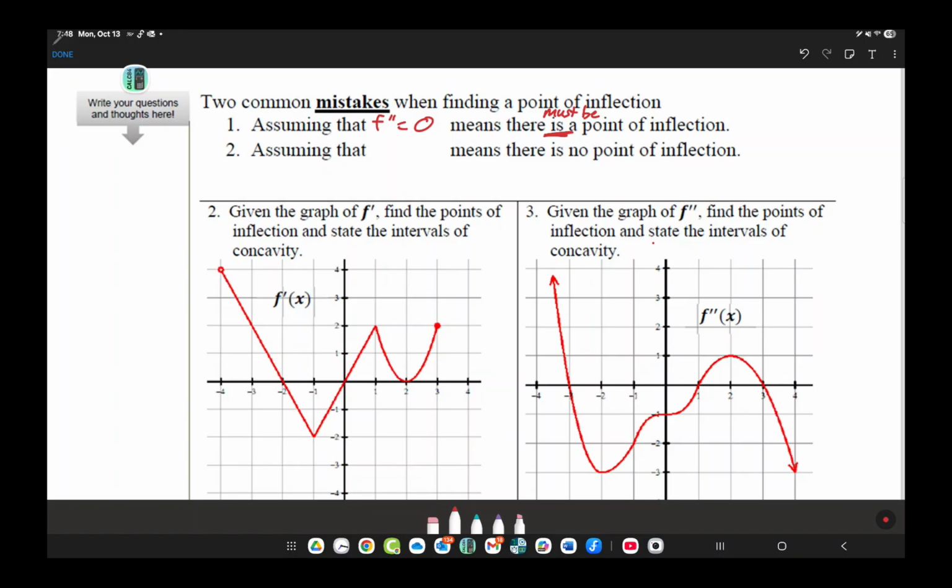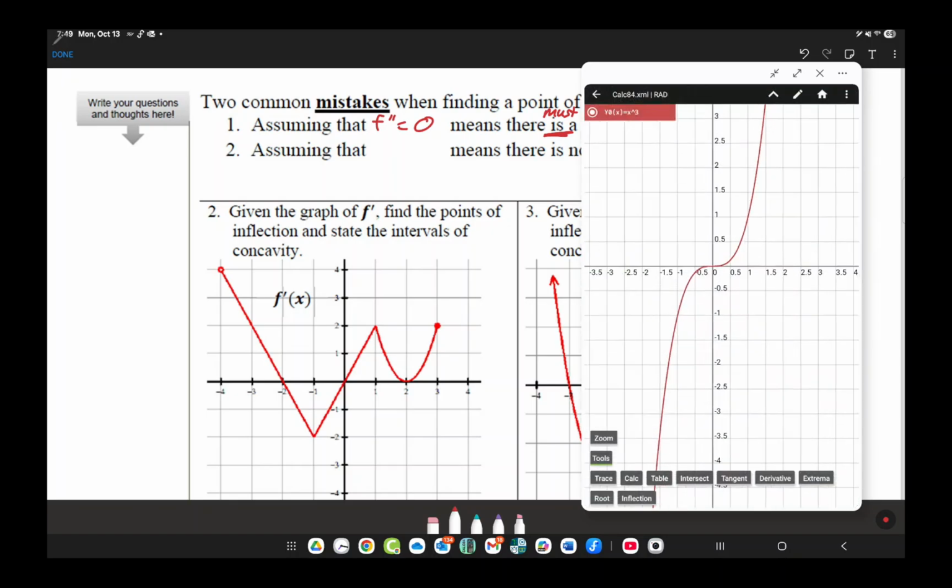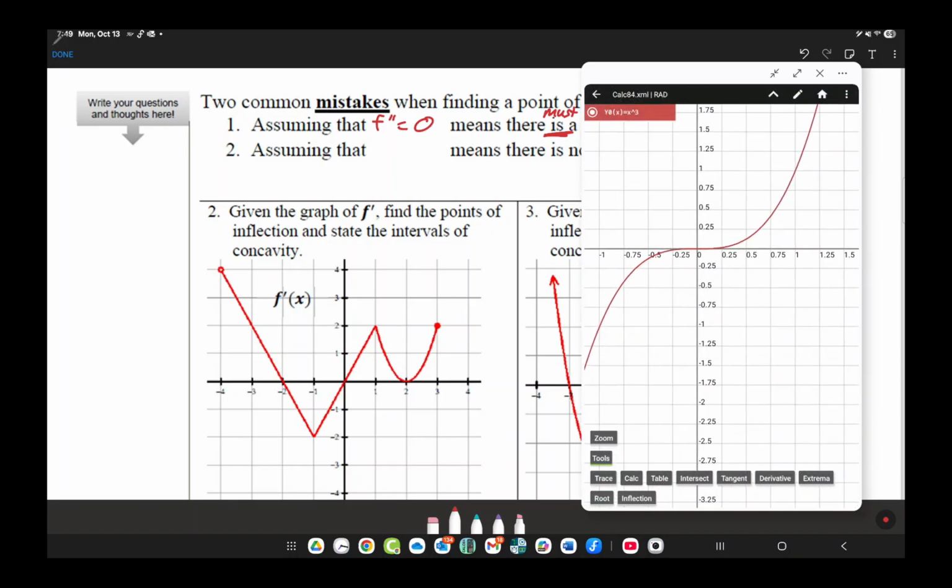A good example of that, go back here. If I had x cubed, right? So right here, I can see obviously at x equals 0, my tangent line is horizontal. My derivative at x equals 0 would be 0, but that is not a local max or local min. Not guaranteed you have a local max or local min just because the derivative is equal to 0.